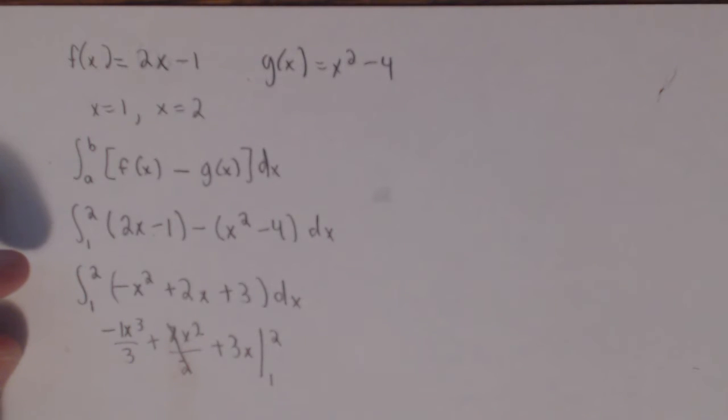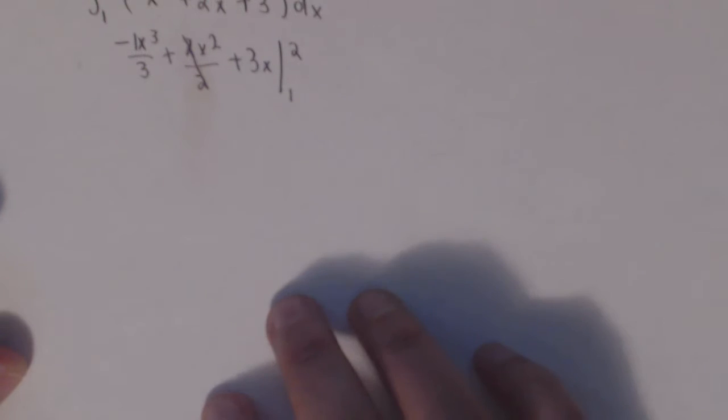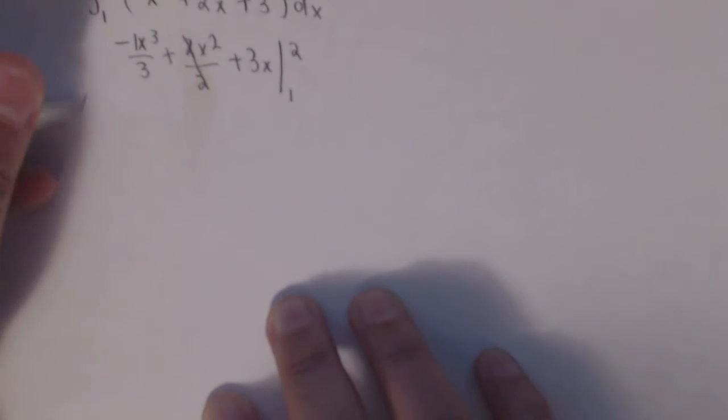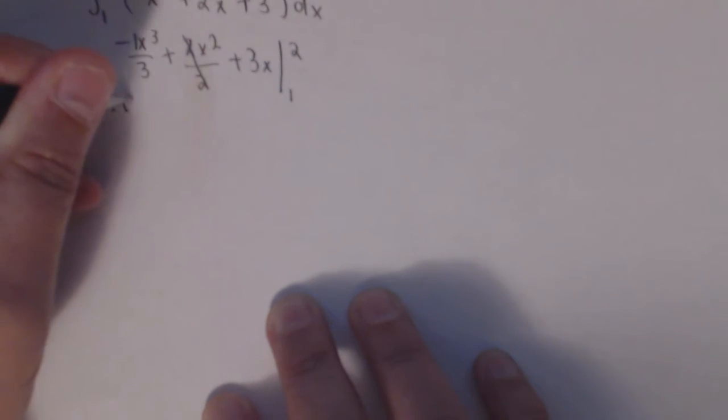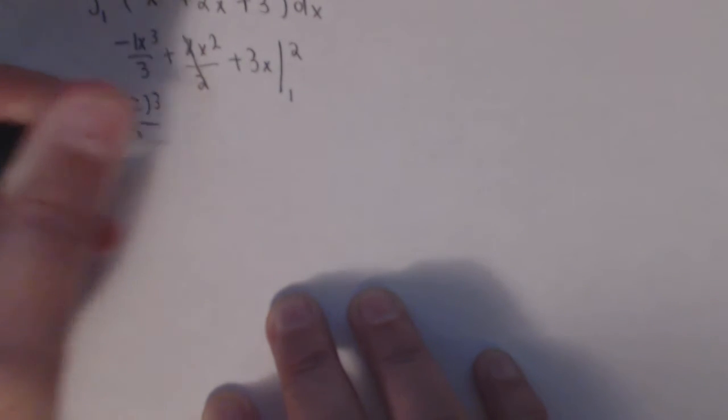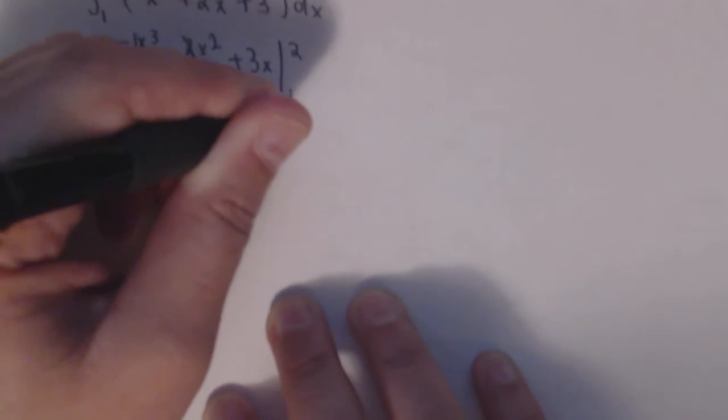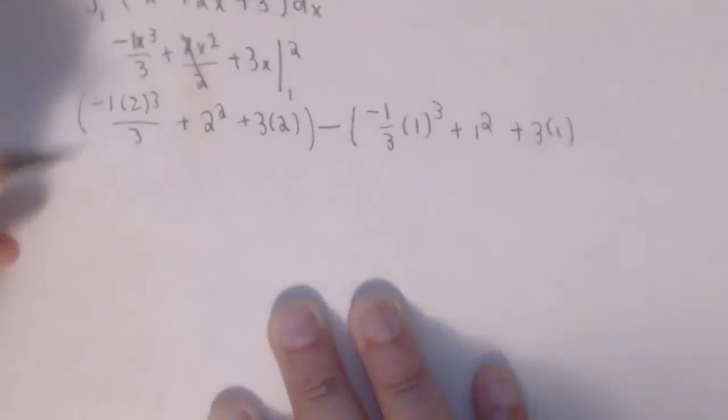So if we did that, we're going to have negative 1 times 2 cubed over 3 plus 2 squared plus 3 times 2, minus parentheses negative 1/3 times 1 cubed plus 1 squared plus 3 times 1.